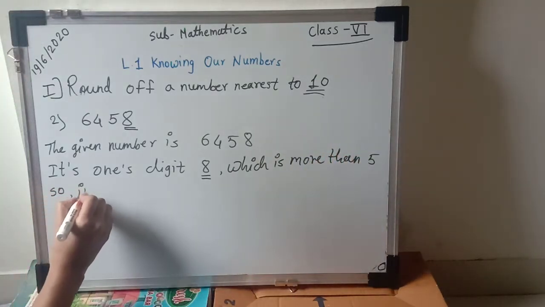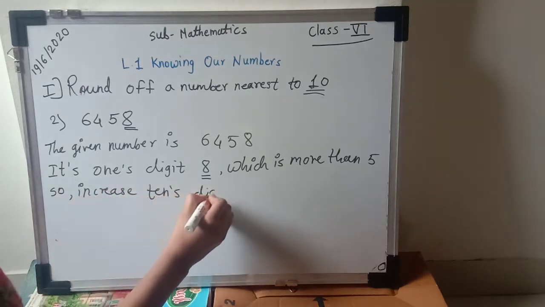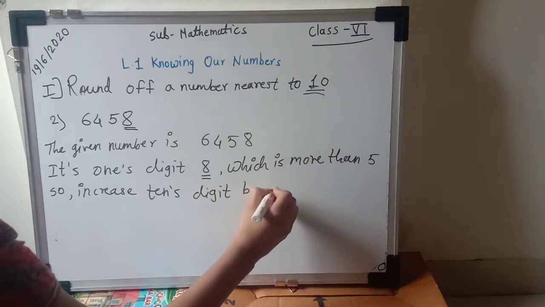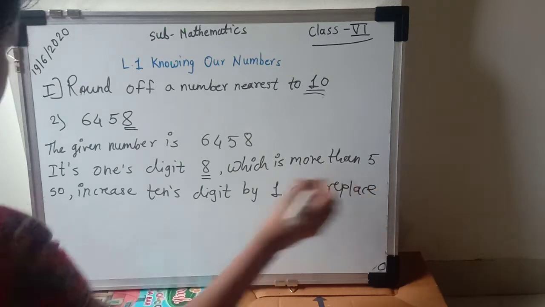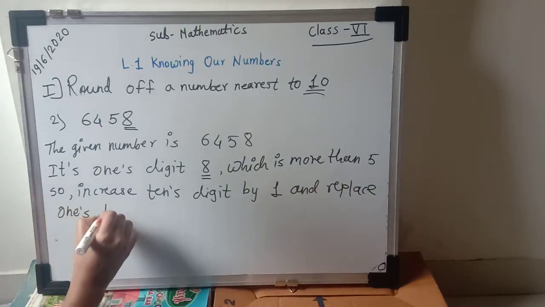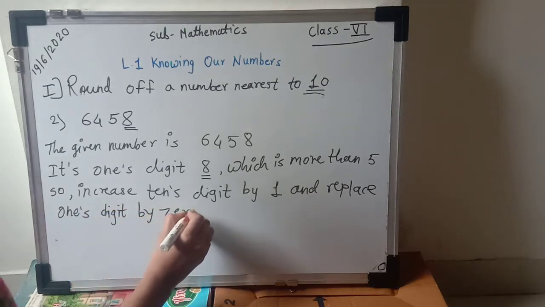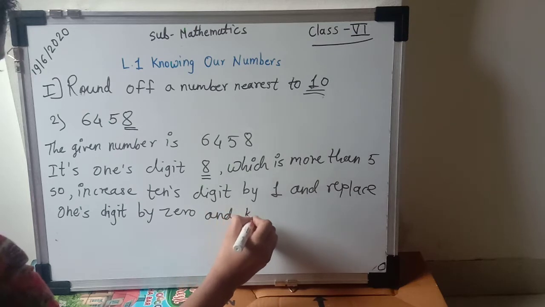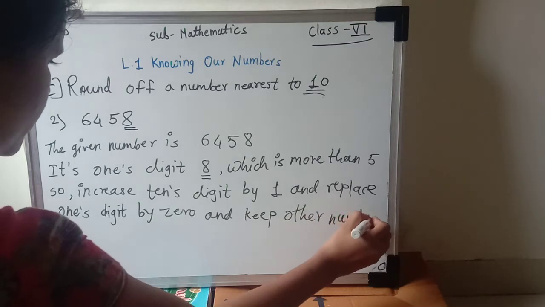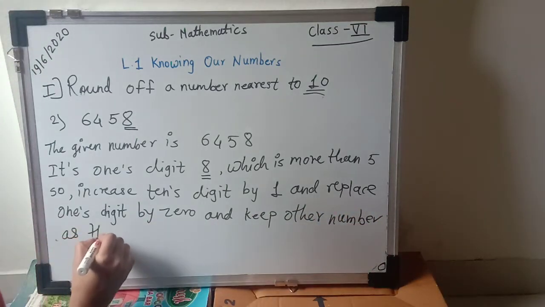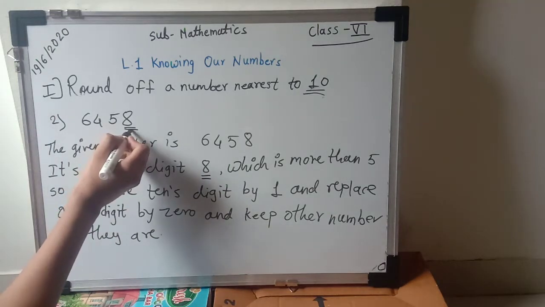Increase the tens digit by 1 and replace the ones digit by 0, and keep the other numbers as they are.